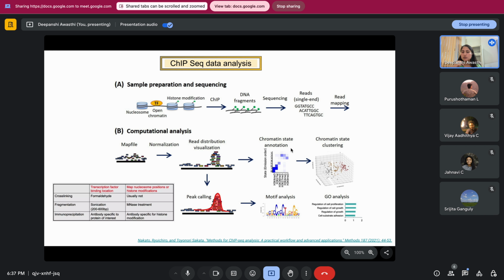As I have told you, in the immunoprecipitation step, you will take the antibodies which are specific to histone proteins. Chromatin state annotation means there are some methylations. In the case of histone proteins, the methylation happens in the lysine amino acid. So lysine can have the methylation, and in DNA, cytosine can have the methylation.